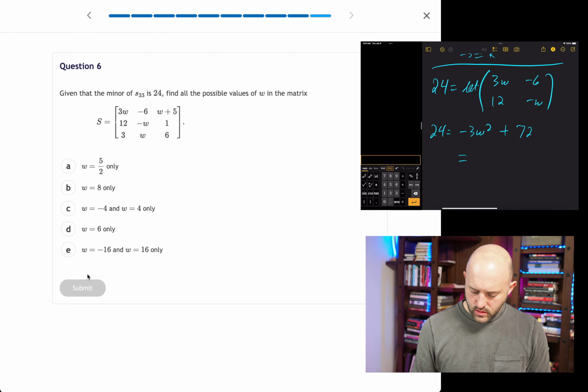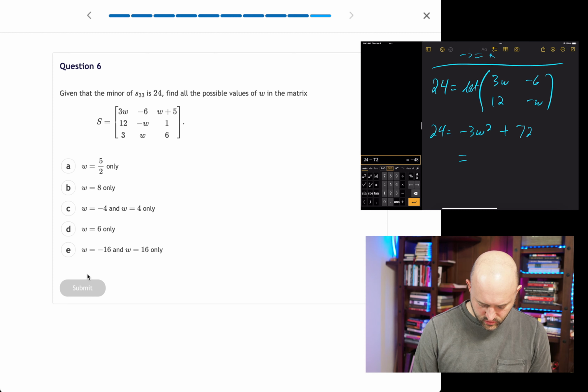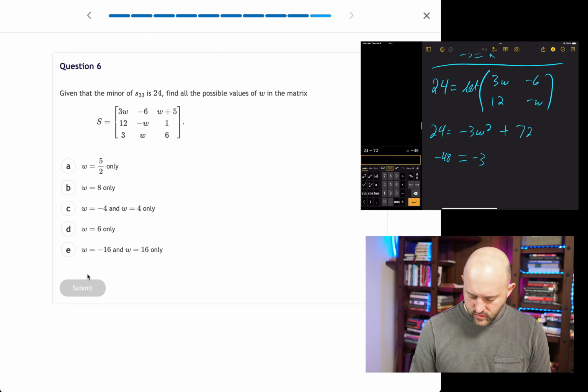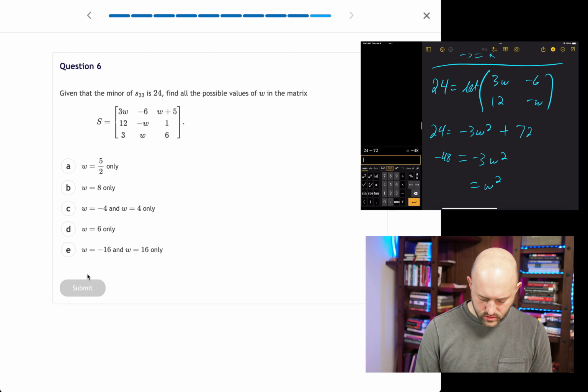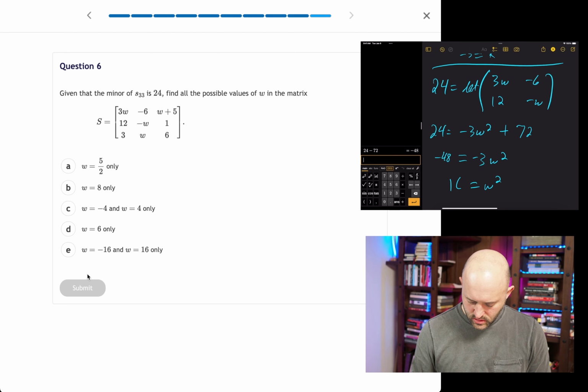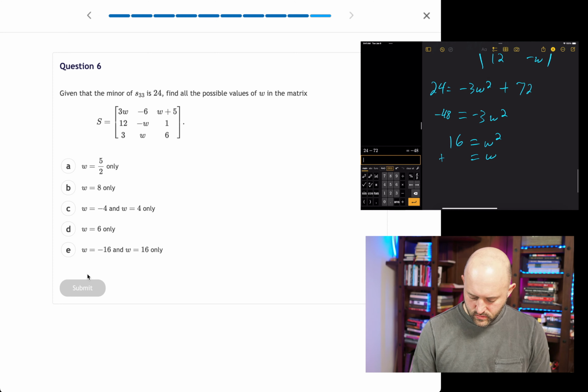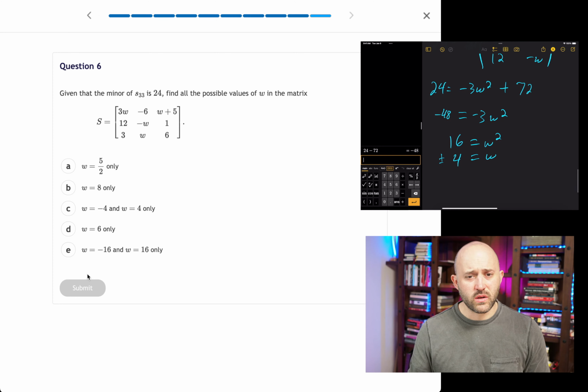Okay, so subtract 72. Let's just do it this way so we don't mess it up. 24 minus 72 is negative 48 equals negative 3w squared. W squared equals, let's see, 16, which means W equals plus or minus 4.